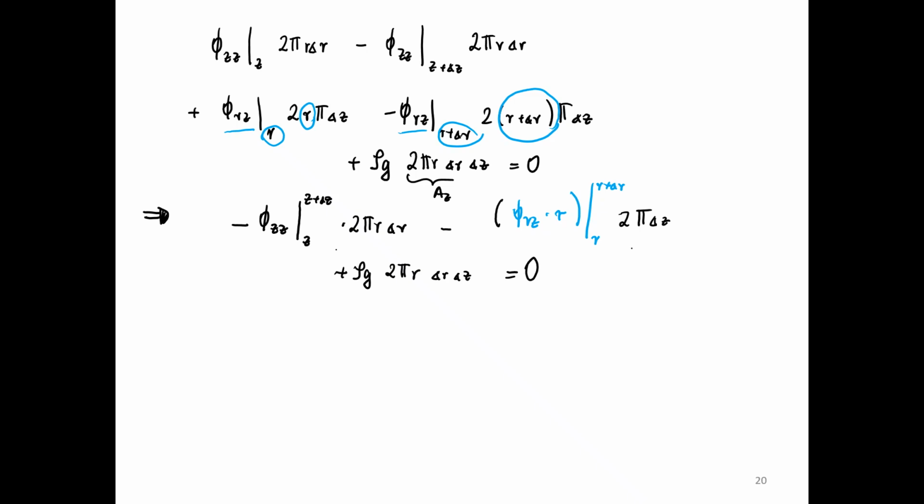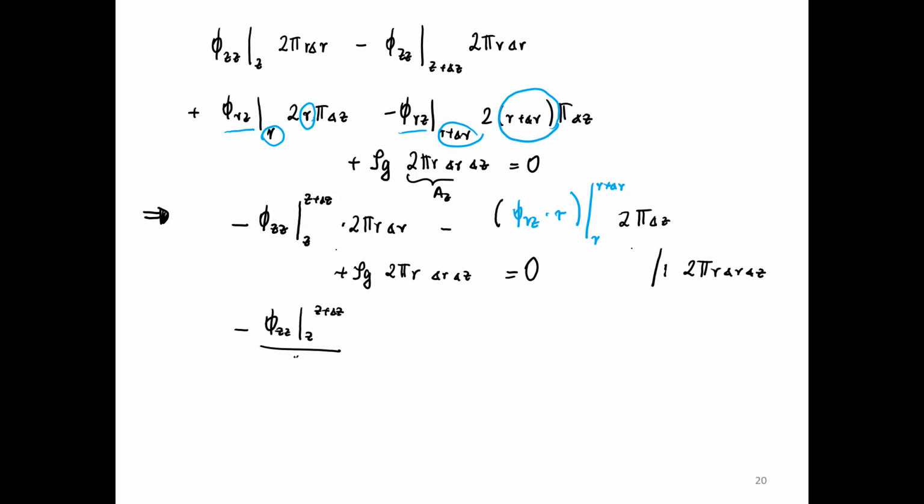And now I will divide by this volume. So I will divide everything by the volume of the element. And what I'm left with here is phi_ZZ at Z plus delta Z divided by, what's left?